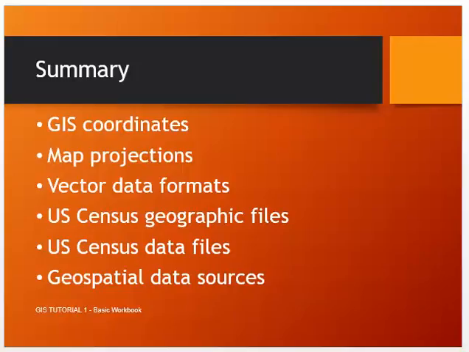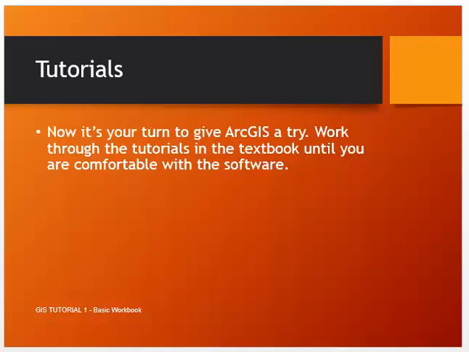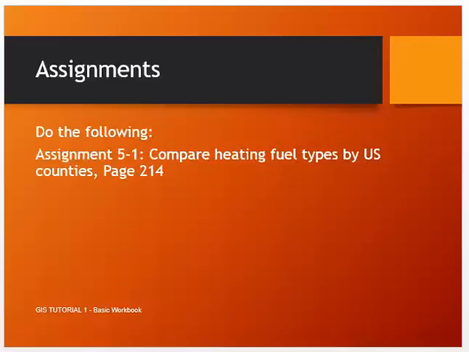You're going to get practice with census data, but again, keep in mind the coordinate systems and projections that we've talked about. So go through the tutorials again until you're comfortable with the process, and then the assignment is 5-1. This is comparing heating fuel by type.